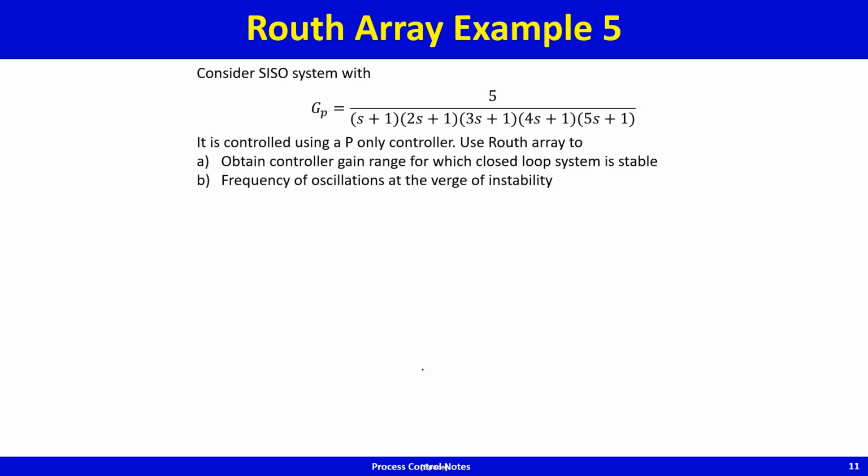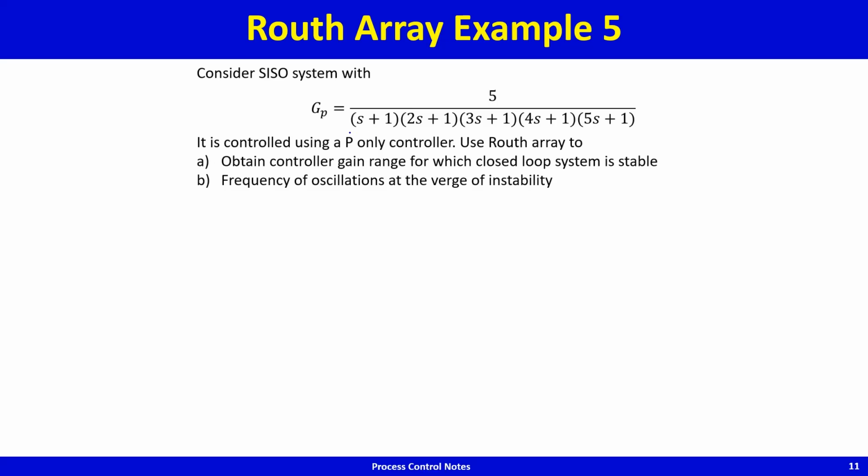Because of this, some of the elements of the first column of the Routh array will change, and one can then calculate that value of Kc where the element becomes 0, because when the element becomes 0, that corresponds to purely imaginary conjugate root pairs, which means the system is on the verge of instability and exhibits sustained oscillations. So that gives us a critical value of Kc beyond which the closed loop system is going to be unstable.